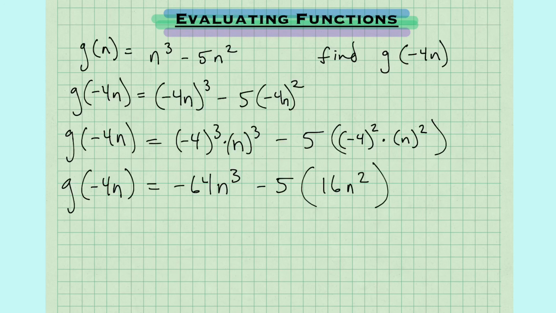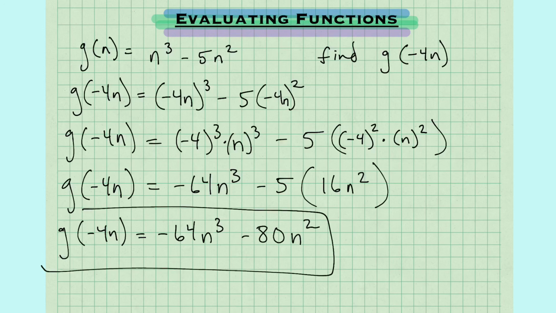Okay, last thing we got to do is just multiply this together. So here we have g of negative 4n equals negative 64n cubed. Negative 5 times 16 is negative 80n squared. So here's our answer. g of negative 4n equals negative 64n cubed minus 80n squared.